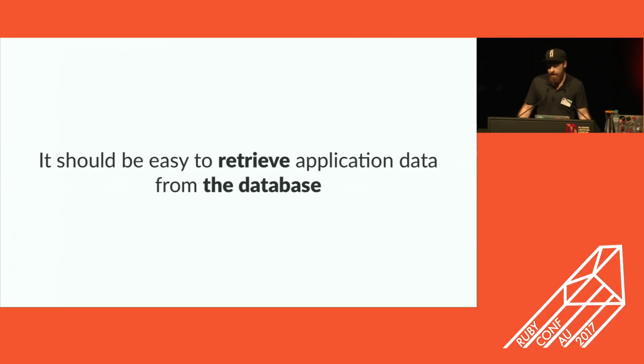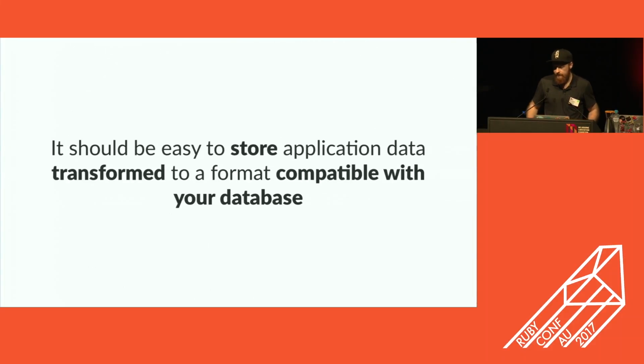Now, since we want to have our own application data, it should be easy to retrieve it from the database. If you start writing your own SQL builders and working around your ORM, it pretty much means that your ORM is no longer helping you, right? And it's the same story with making changes to your data. It's pretty common that the input that your application receives is just not compatible with the database structure, right?